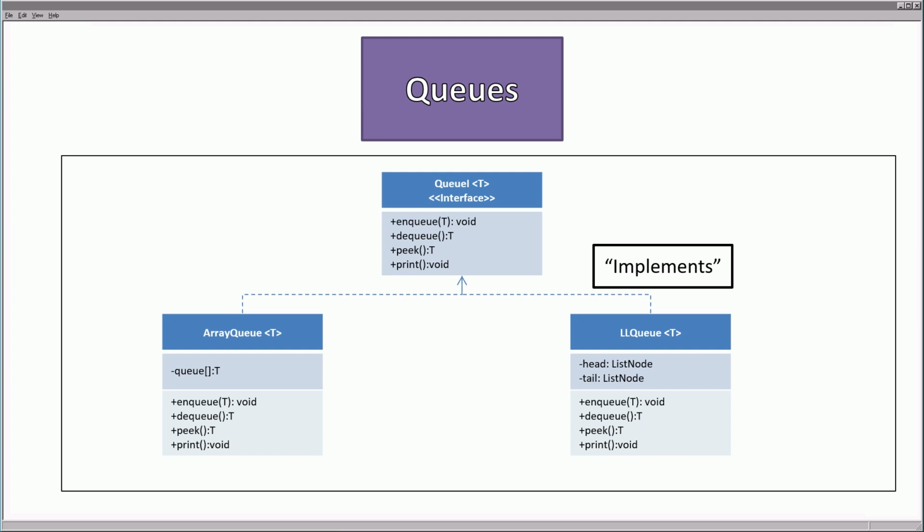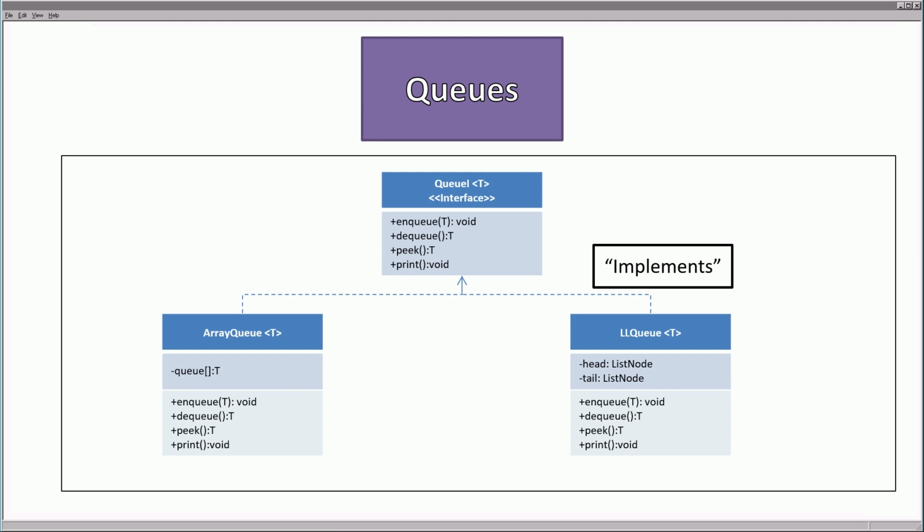Now, before we get to implementing the code for writing a queue, we have to take this into consideration. As we just described, a queue can be implemented in multiple different ways. So a queue could be implemented as an array, a queue can be implemented as a linked list. But even further than that, a queue can be implemented as a shifting array, a circular array, using a singly linked list, a doubly linked list, a singly circular linked list, or a circular doubly linked list.